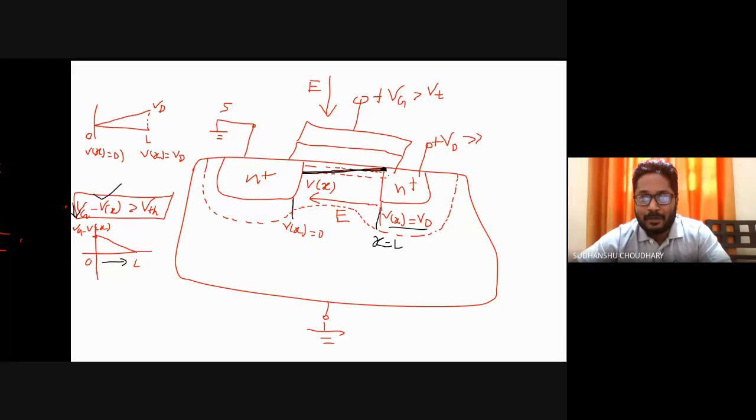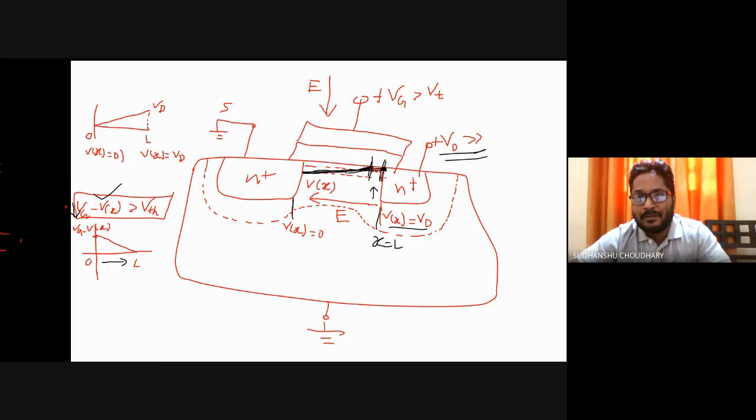And now if Vd is further increased, then Vg minus Vx will be less than Vt. Maybe at this point also you will see Vg minus Vx is less than Vt. So the channel will be further reduced. It will come here at this point. That means between these 2 points, I don't have a channel now.